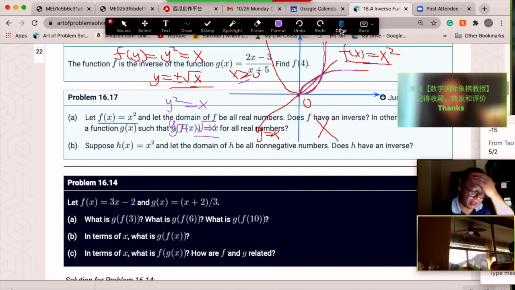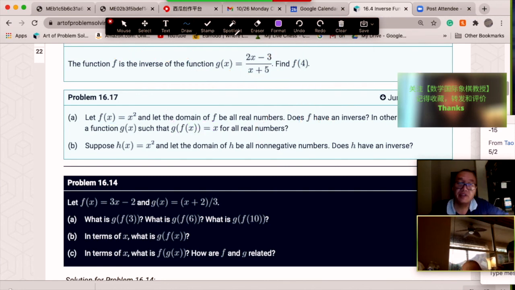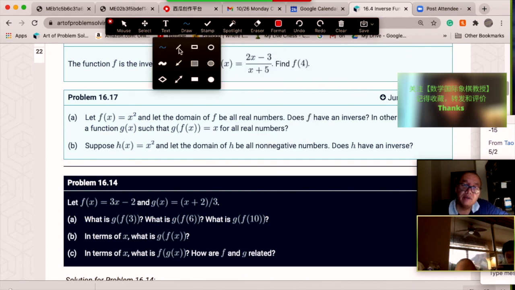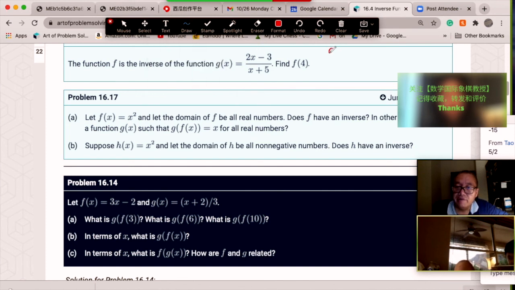So now I want to summarize here. For the composite function, actually it's very easy, okay? If you have a function f(x), suppose this one equals 2x minus 1. Then you have another function g(x), suppose this one equals 3x plus 2.